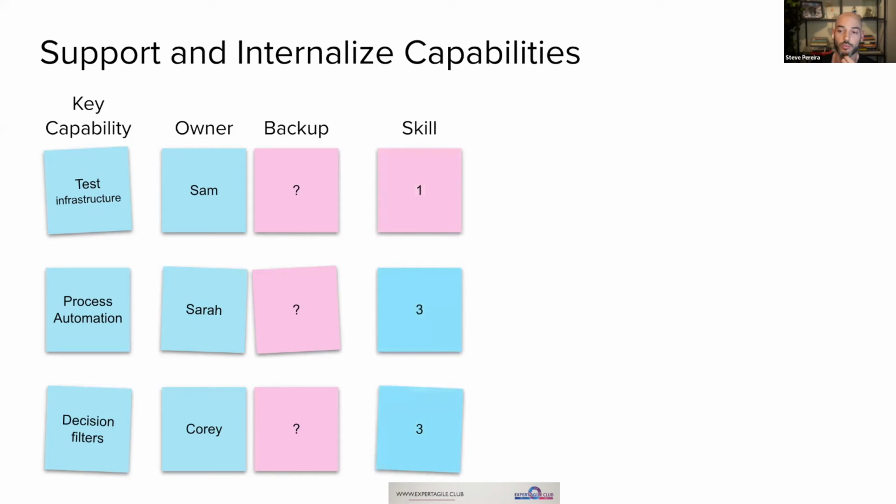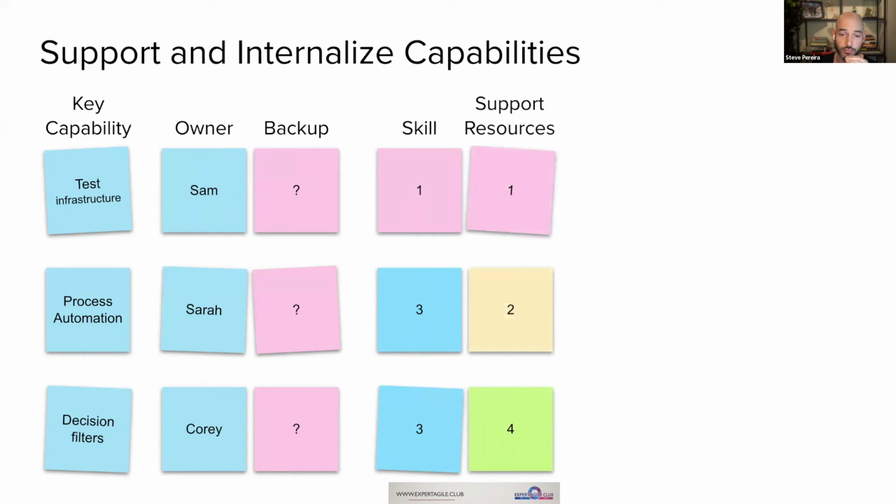Then we want to look at what level are we at with that skill at the moment? Where are we? So that we can understand the difference between where we are and where we need to be. Part of that is what we have in terms of support. What is assisting us to deliver that skill, that capability?